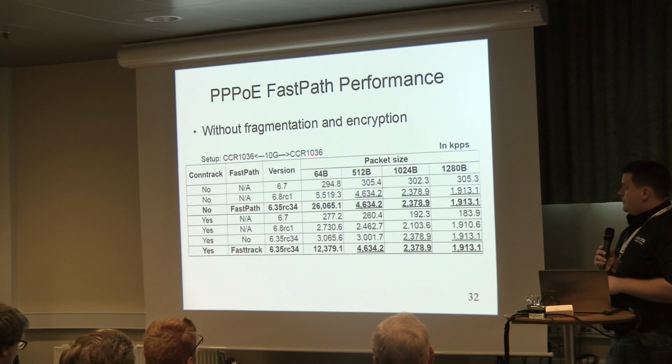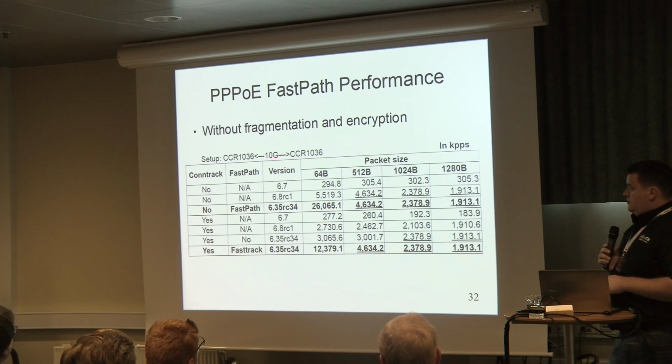I had 2 CCRs, 36 cores, connected with 10G interfaces and running a single PPPoE tunnel through them. If we go way back to 6.7, with 64-byte packets it was only 300,000 packets per second.